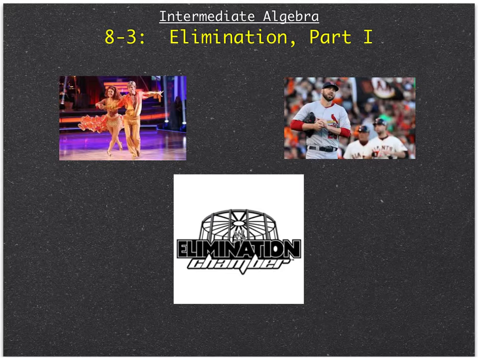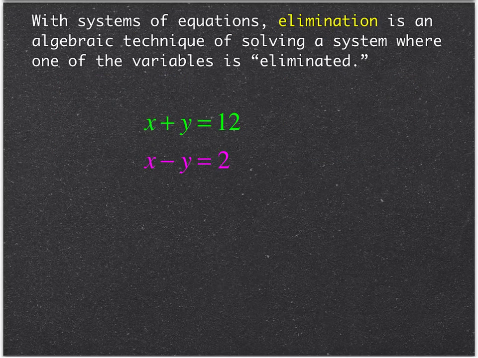But anyway, elimination, of course, what we're talking about is with these systems of equations. So it's just one more technique, just like the other ones we mentioned. But this is an algebraic technique, so we really don't require any graphing here. And in this method, we will always try to eliminate one of the variables. In a sense, that happened when we did substitution as well, because we tried to rewrite an equation so there was only one variable.